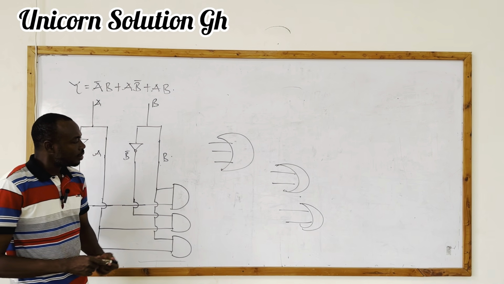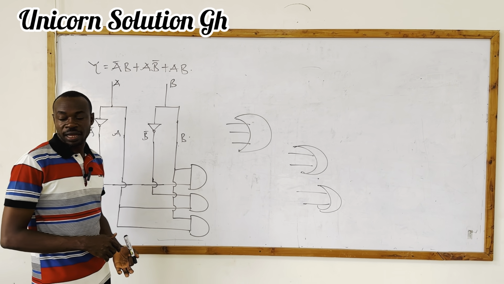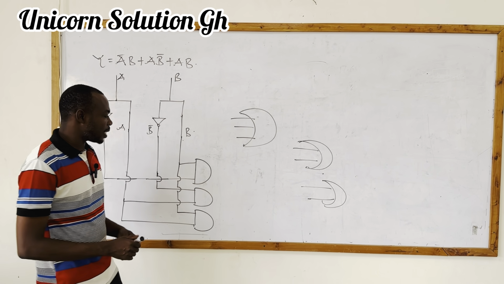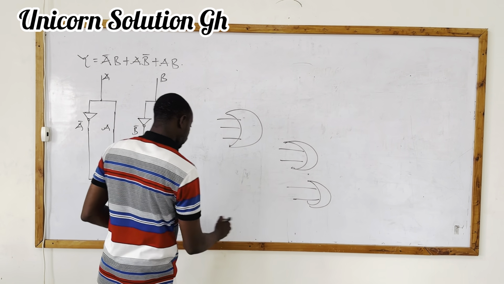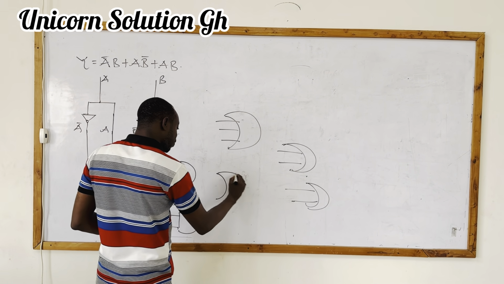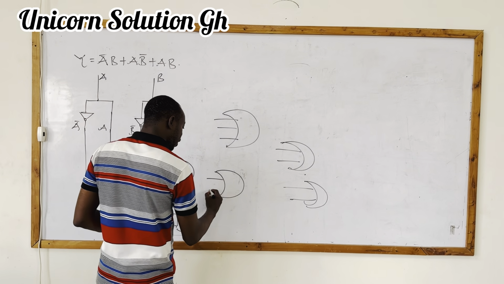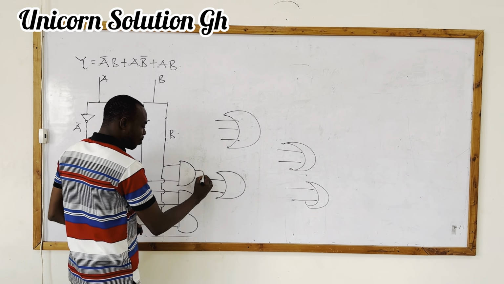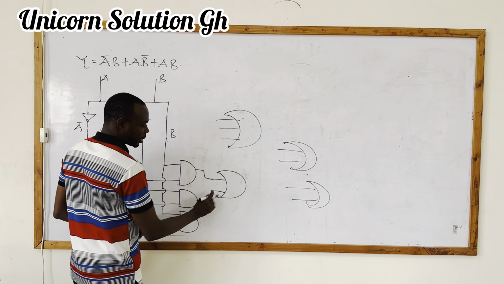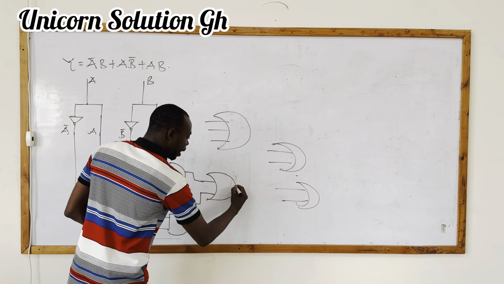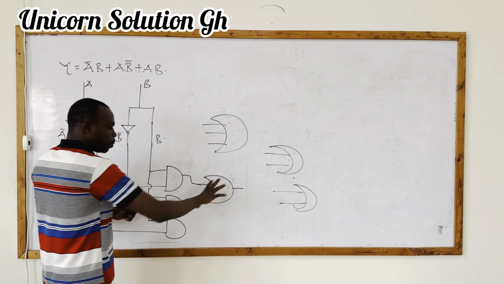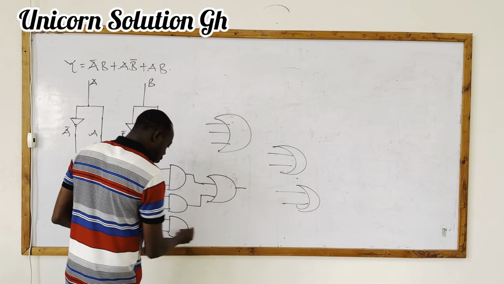All these are good for the solution. So what I'll do is that I'll use the two. So when I have one 2-input OR gate like this, I can use that one to combine this and this. Then I have my output coming like this. Then the outputs, I can now combine this output with this.